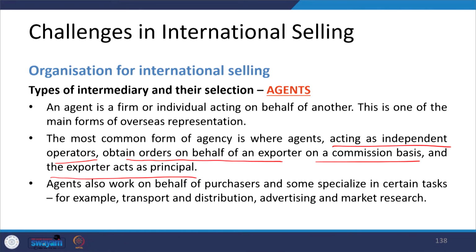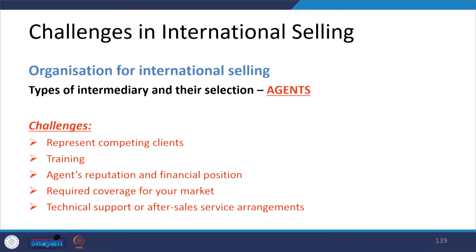Agents also work on behalf of purchasers, and some specialize in certain tasks, for example transport and distribution, advertising and market research, etc. The challenges of recruiting those agents: the first challenge is that they sometimes represent competing clients.